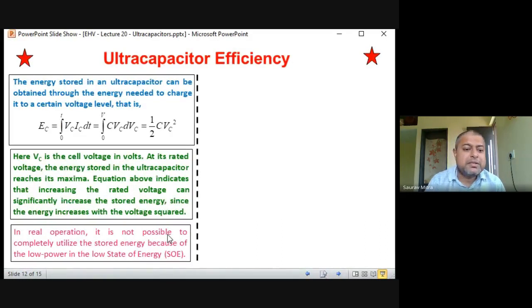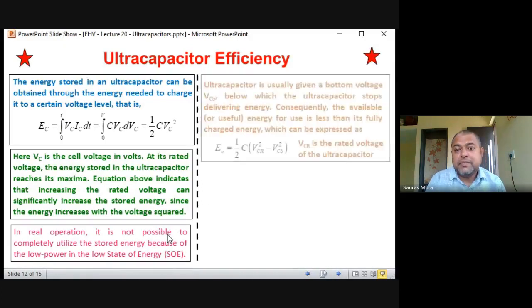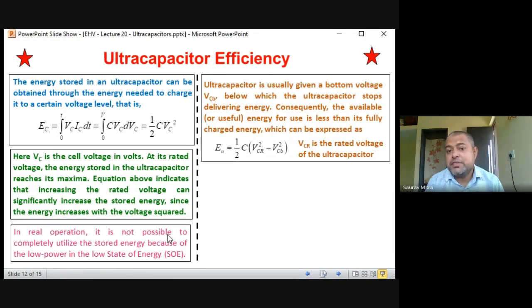Not possible, because there is something called SOE, that is state of energy. So the ultracapacitor is usually given a bottom voltage VCB. Even if it is starting from 2.5 volts, suppose the bottom voltage VCB is 0.5 volt. It will start discharging from 2.5 volt with whatever current you want.